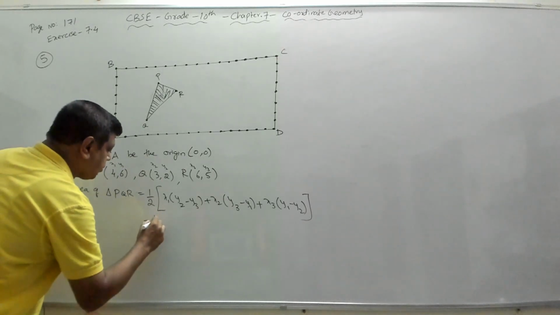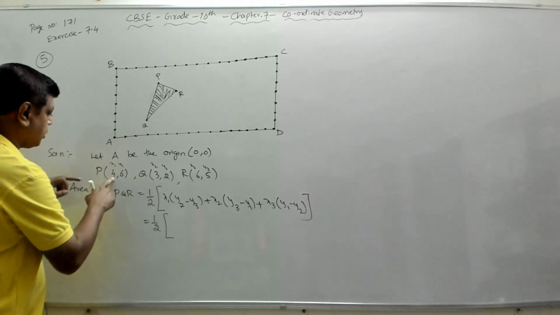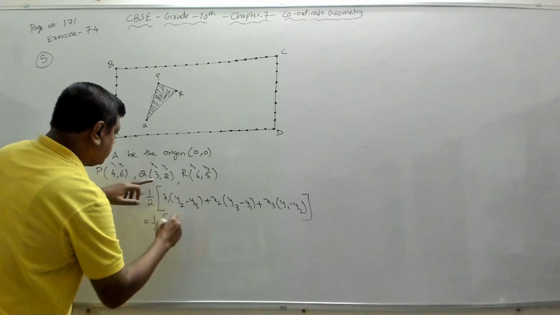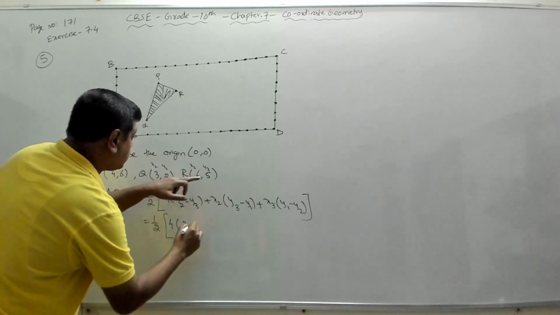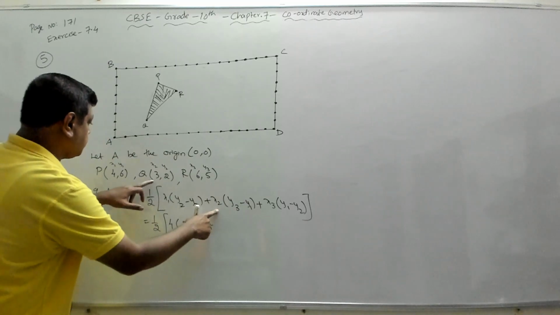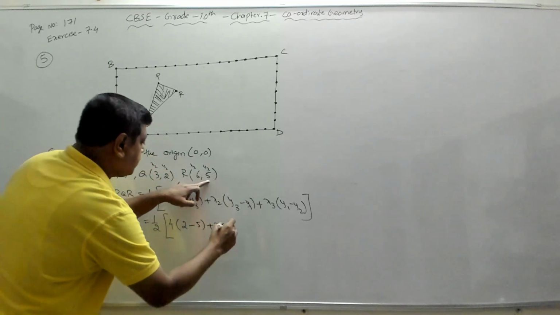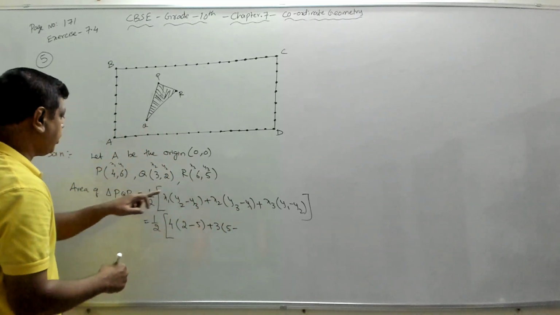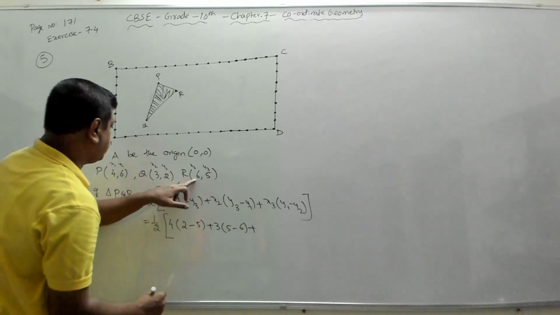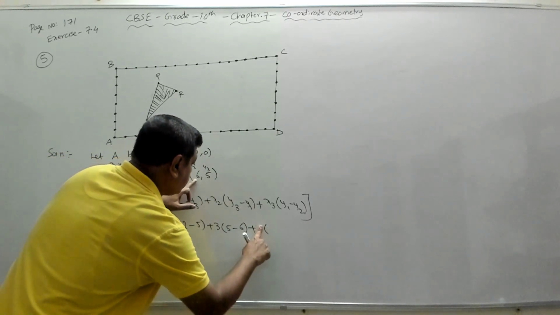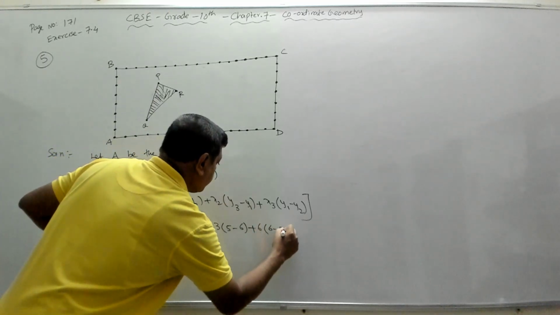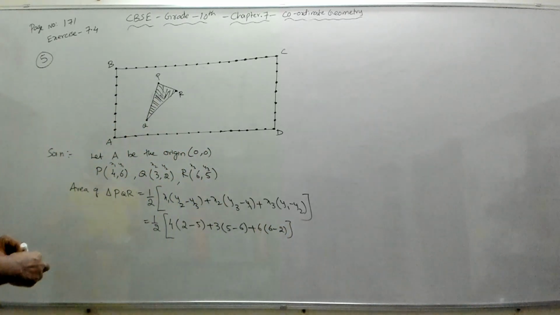Now if you substitute in this formula, 1 by 2 of x1, x1 is 4, into y2 minus y3, y2 is 2, y3 is 5, plus x2, x2 is 3, into y3 minus y1, y3 is 5, y1 is 6, plus x3, x3 is 6, into y1 minus y2, y1 is 6, y2 is 2.